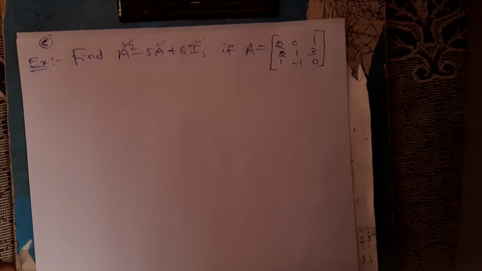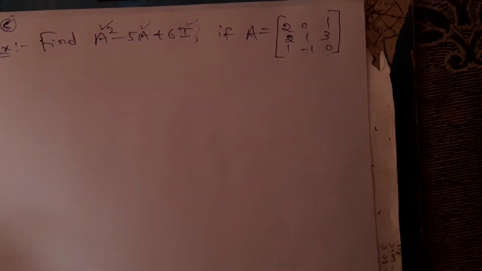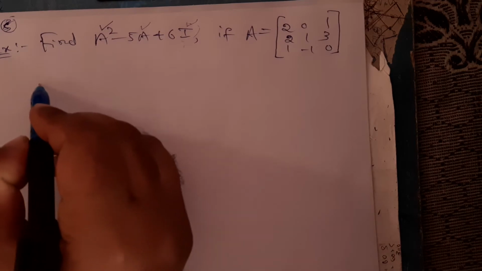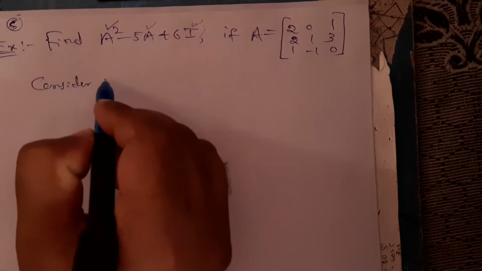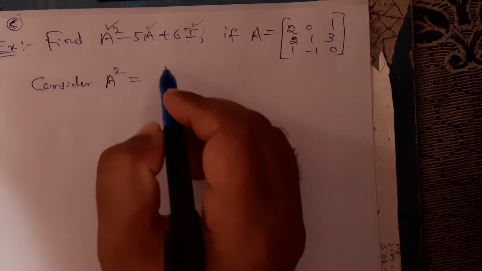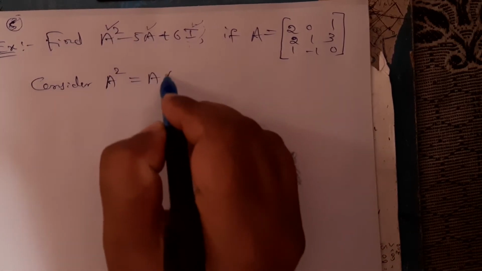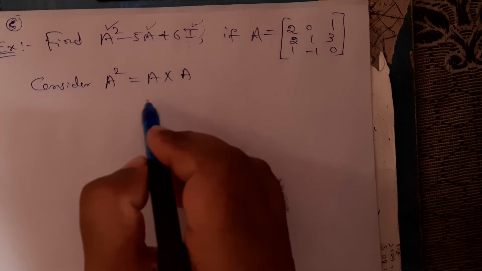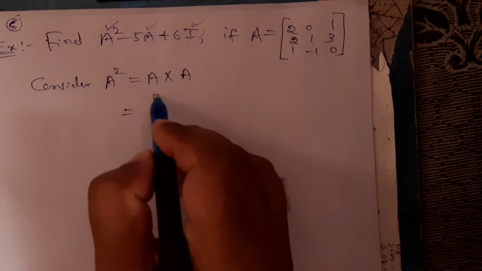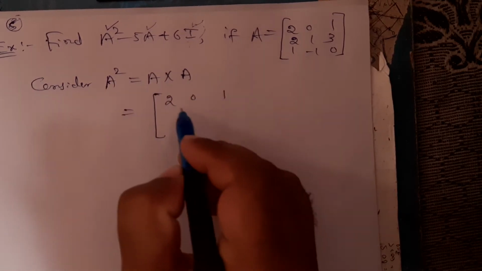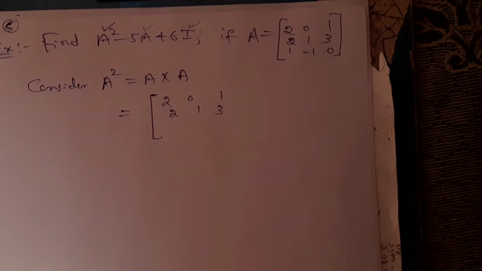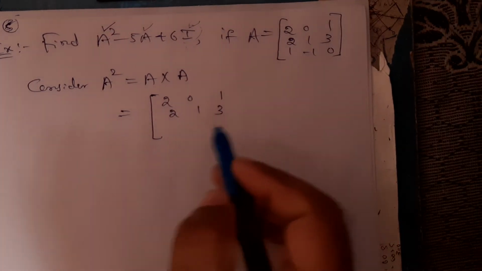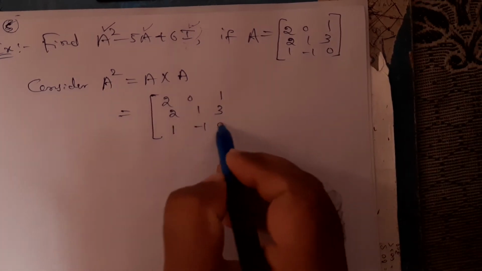Here first we have to find out A squared. A squared means the given matrix is multiplied 2 times, A into A. So what is our matrix here? 2 0 1, 2 1 3, then 1 minus 1 0.